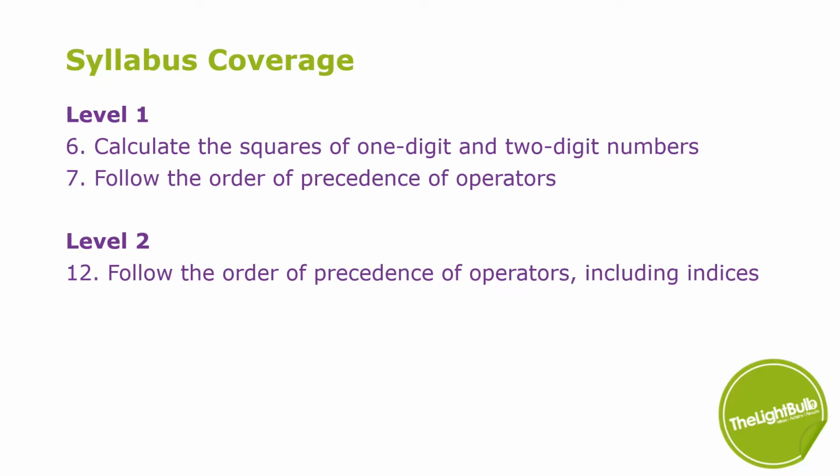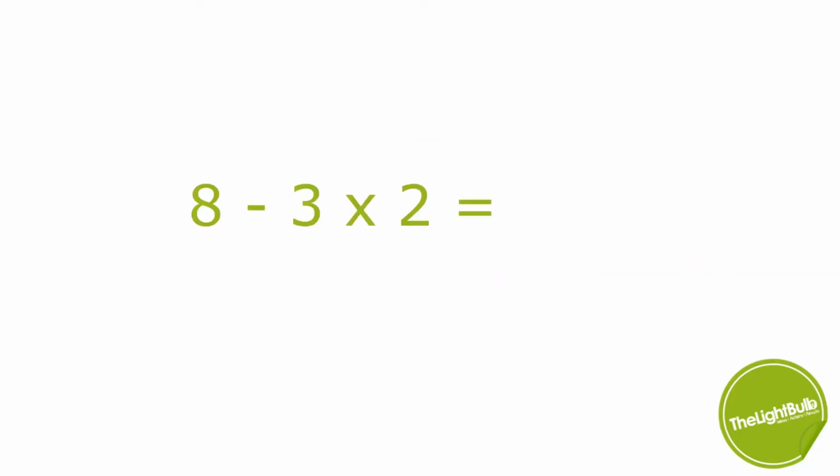So, what on earth is BIDMAS? We'll come to this in just a moment. But firstly, I'm just going to show you a sum on the screen. I'm going to ask you to write it down and think about your answer. Let me just give you a few seconds to think about this.